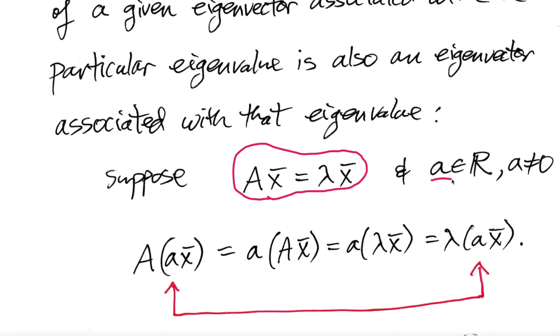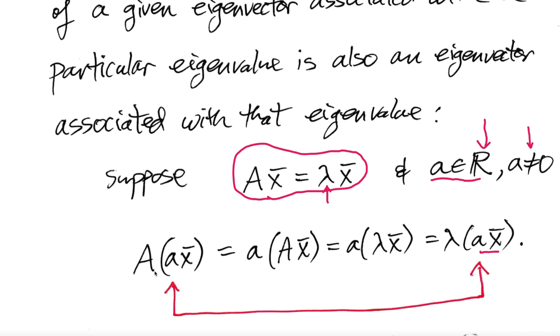Now suppose that a is any scalar, real here, but it could be complex in some situations, but it's non-zero. Now I claim a times x bar is also going to be an eigenvector associated with lambda.